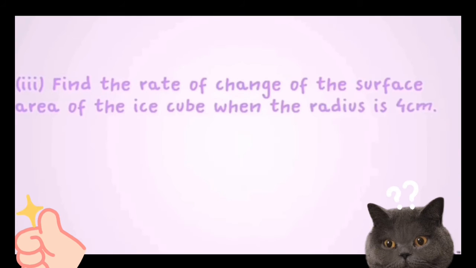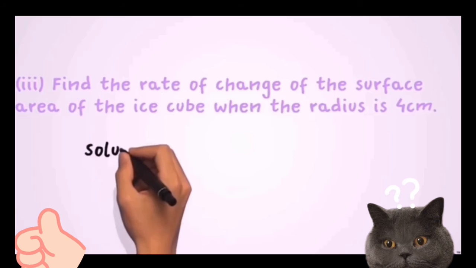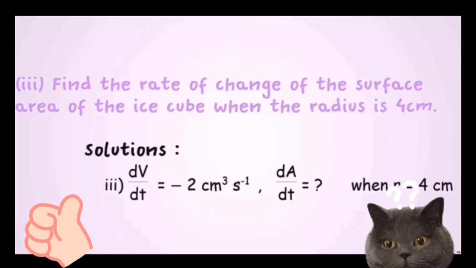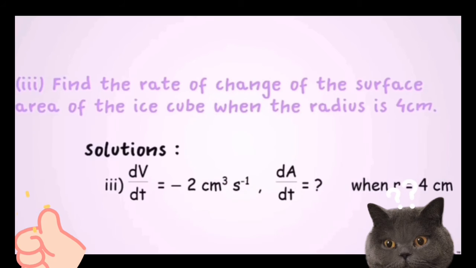Next, find the rate of change of the surface area of the ice cube when the radius is 4 cm. So, the first thing to do when getting a question like this is to find the information and write it in the form of an equation that we can understand. According to the question, we can write that the ice cube in the shape of a cylinder is melting at a constant rate of 2 cm, in the form dV over dt equals -2.